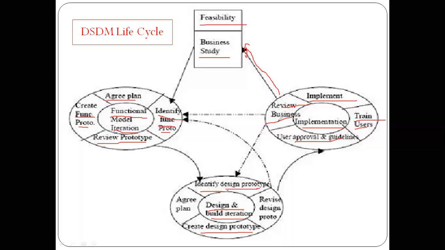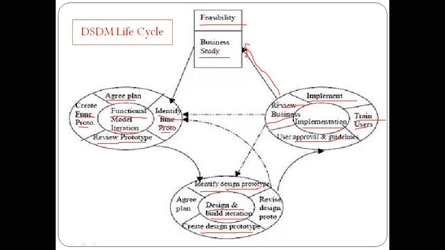I mean, if the review is not satisfied by higher authorities or clients or users, again you need to go and develop the functions, then design, then implementation. So like that, this cycle is repeated. It will be executed iteratively, and also here we are developing some prototypes, isn't it?